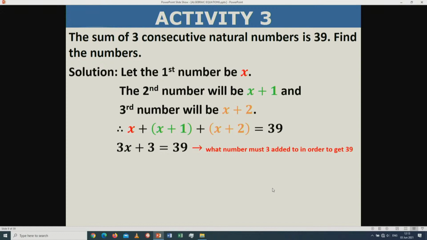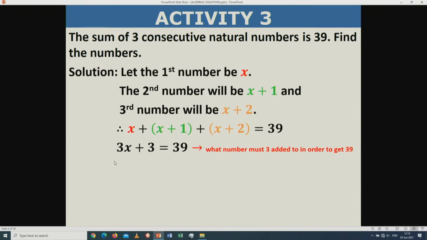You will see as we go on, there will be an activity where I've applied additive and multiplicative inverse. Now for the inspection, the question will be: what number must 3 be added to in order to get 39?